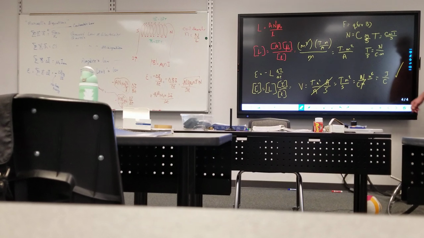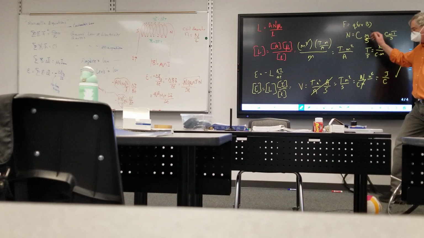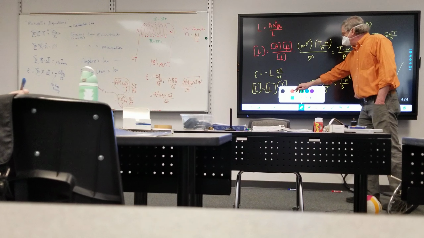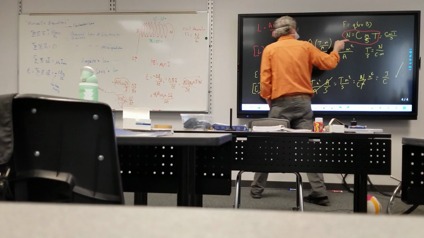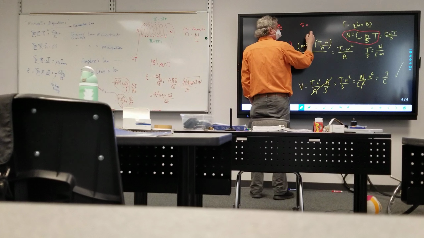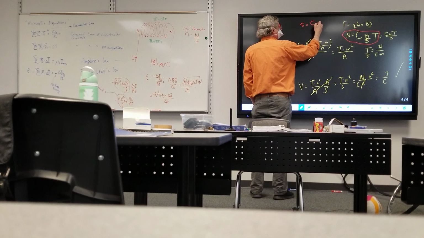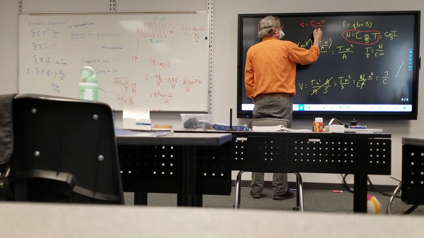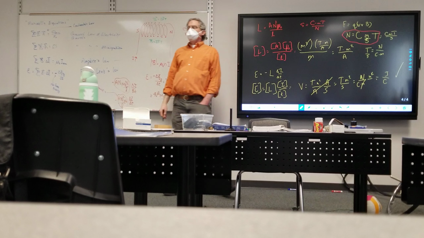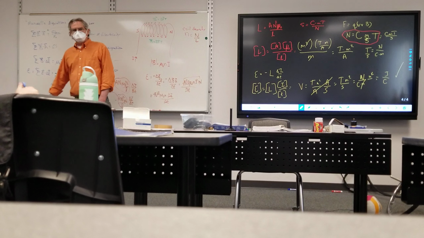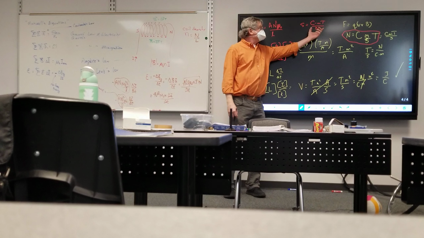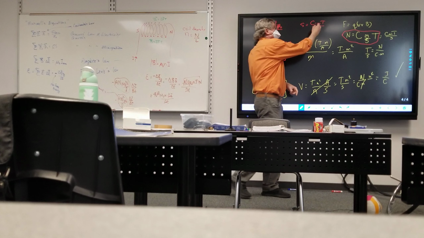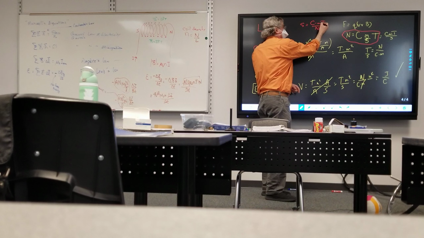Notice, if I take a look at this equation right here, if I solve for seconds, I get Coulomb meter Tesla per Newton. So we have another unit of time here.